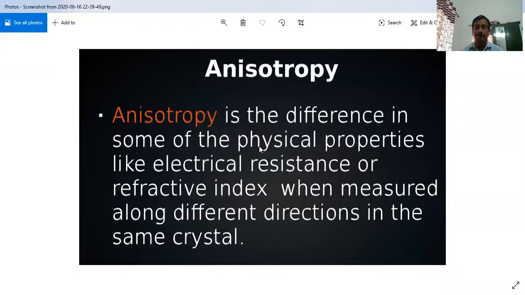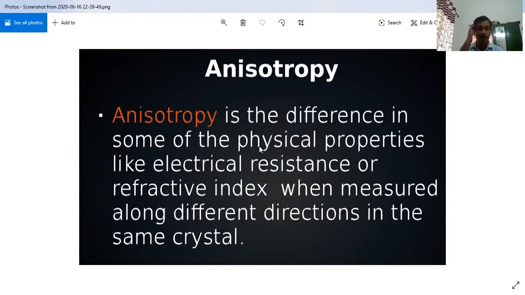Isotropy and anisotropy. We can see what is meant by isotropy and anisotropy. Anisotropy is the characteristic of crystalline solid. What is anisotropy? When we measure some of the physical properties in different directions, we will get different values.